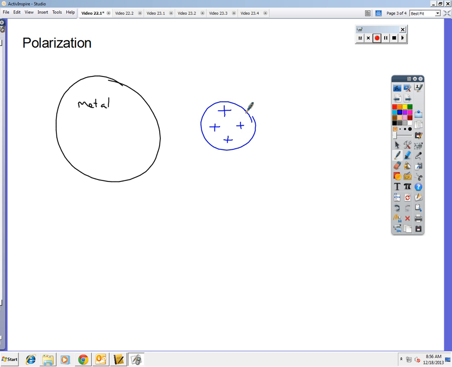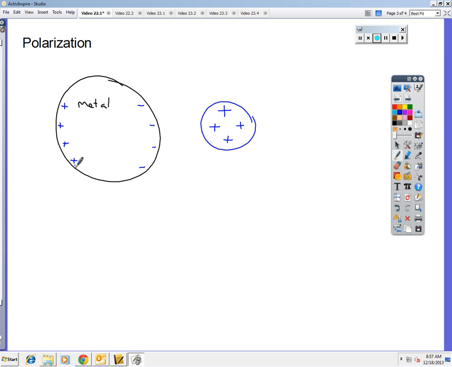What's going to happen is that the electrons in the metal will be attracted toward this positive charge, and because they're free to move, they're going to move toward it. And so you'll have some negative charge showing up on the side of the conductor that is toward the other charge. And those electrons had to come from somewhere, and so the result is that you'll have a positive charge on the other side.